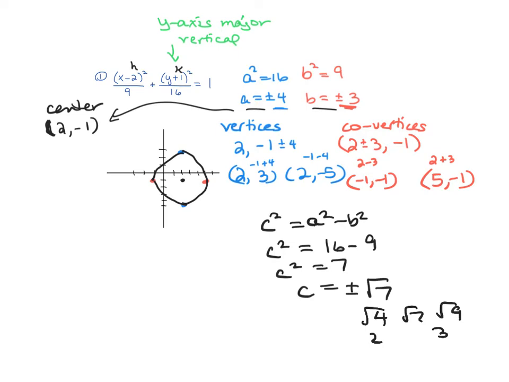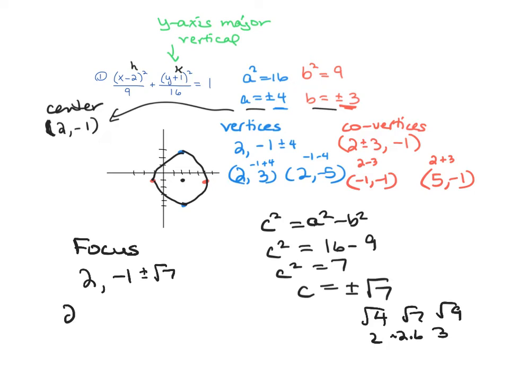So the square root of 7, it's like halfway in between, maybe a little bit more than halfway, so about 2.6. So when I go to graph this, I'll have a better idea of where my point's going. So remember, for your focus point, it's always on the major axis. So again, you need to work with the center point. And since it's on the major axis and my major axis is y, I'm adding and subtracting root 7 to the y of the center point.